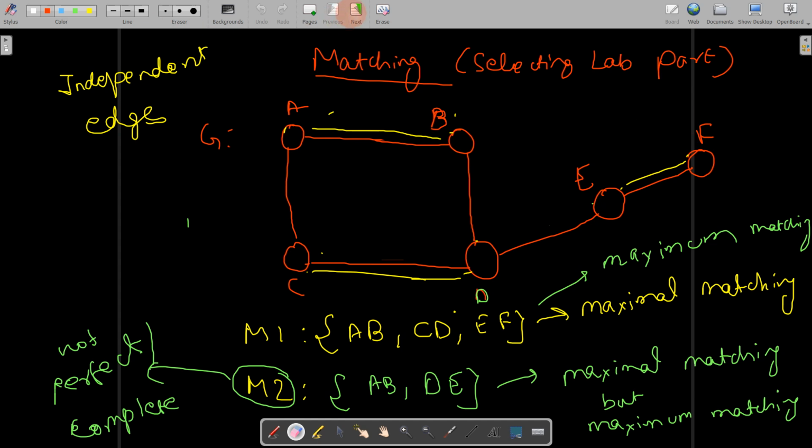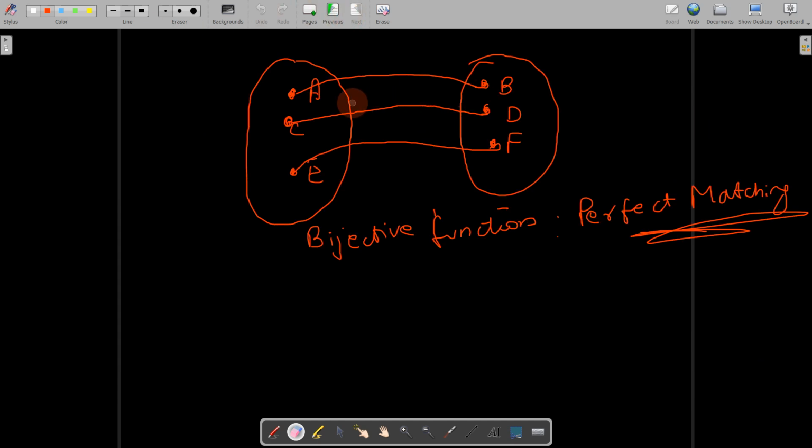B, D and F can be taken in another set, and the edges, or that they are lab partners, is represented across the sets. So a perfect matching represented like this creates a bijective function, that is one-to-one: every student is uniquely matched with another student. Uniquely means exactly one lab partner, and that is unique. And onto means all the students in the set B have a lab partner. Nobody is left out or without a lab partner.